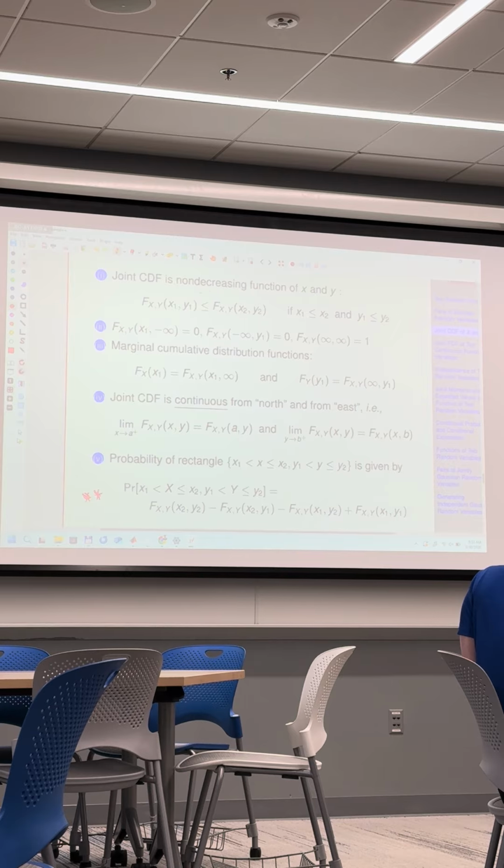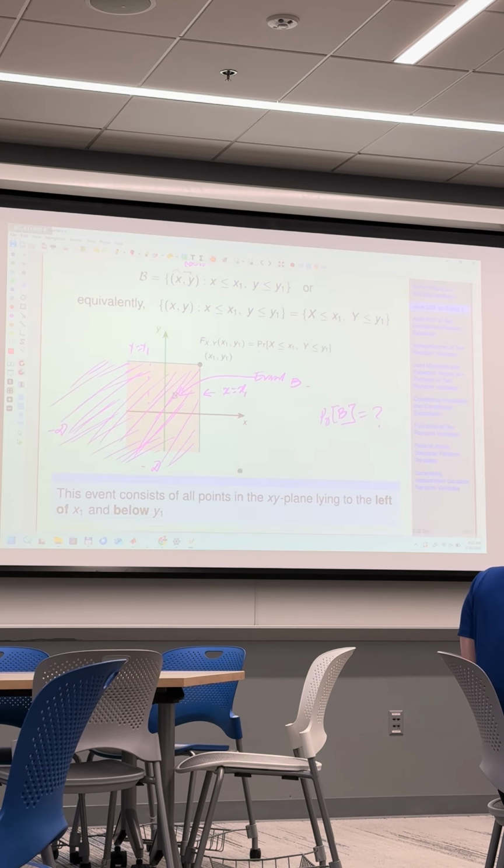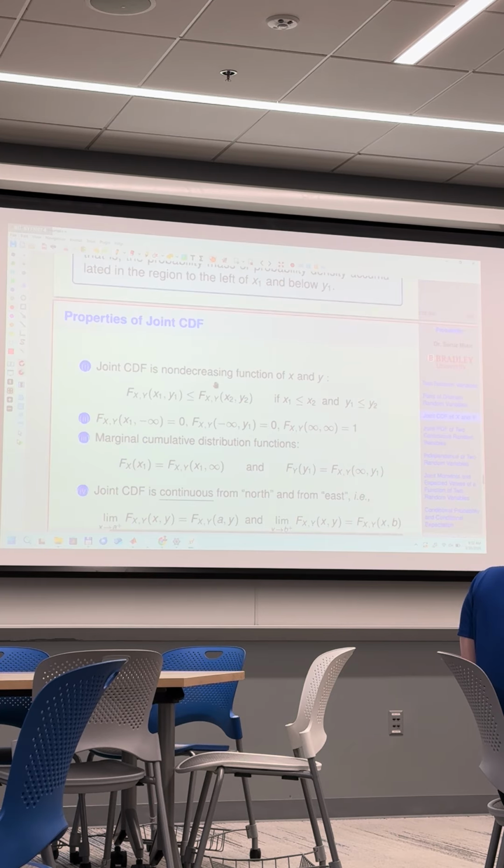So the joint CDF is non-decreasing. I have a nice 3D plot, guys, so I will show you how it is non-decreasing. But first I'm just trying to link it with the single variable.